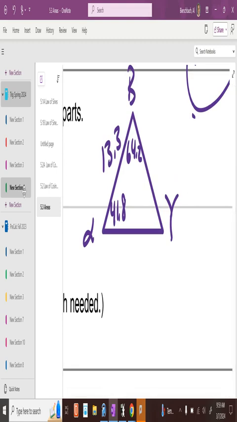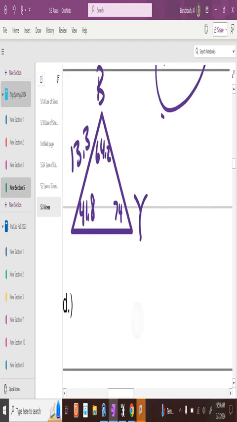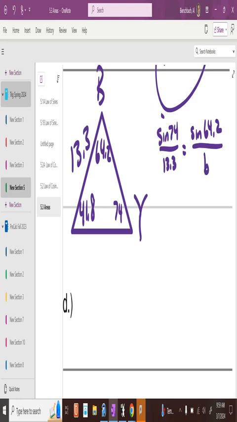So if we find angle gamma, so if these two add up to 106, this must be 74. So then you say the sine of 74 over 13.3 equals the sine of 64.2 over b.